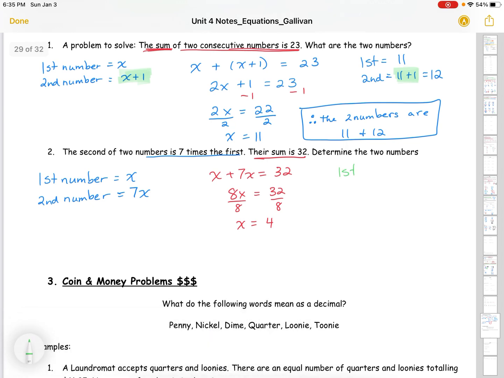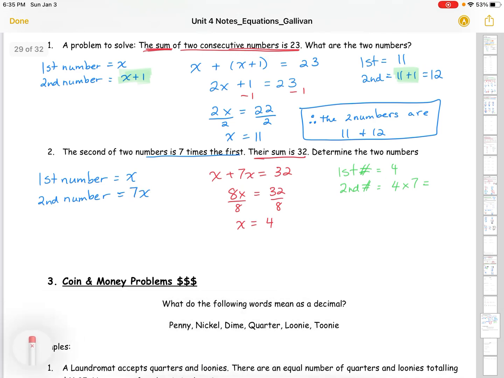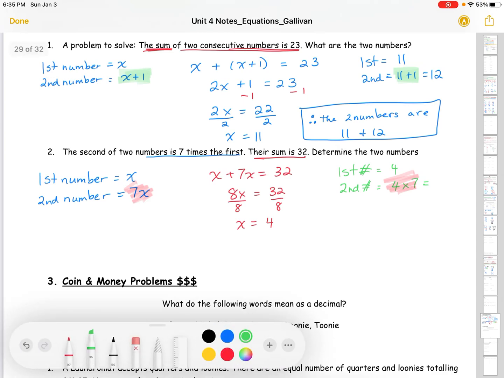So my first number equals 4. My second number equals 4 times 7, right? Because it's x times 7.